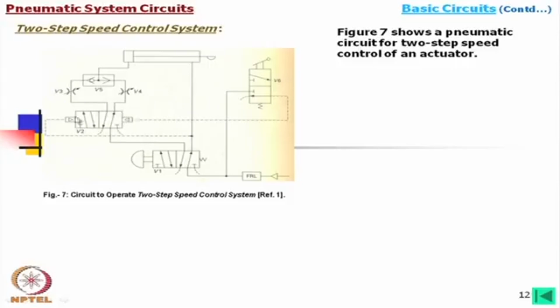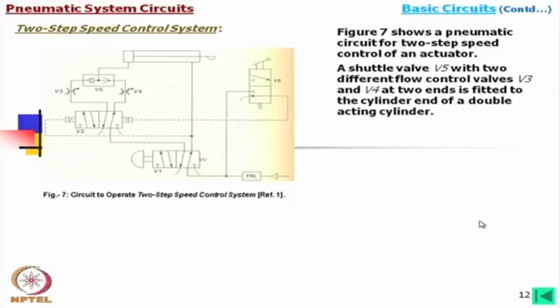And here there is a direction control valve which is pilot operated, and one side is through a push button, the other side is from a limit switch. This is called a shuttle valve.